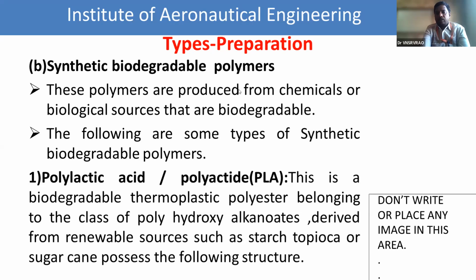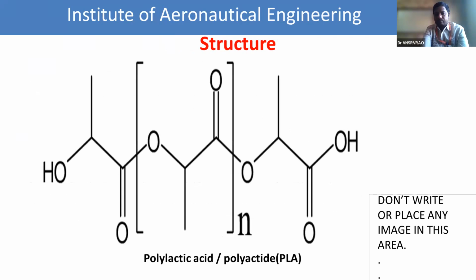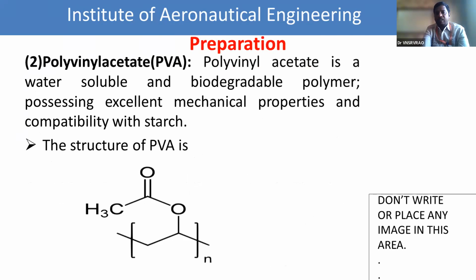Whereas the polymers not obtained from nature, and prepared man-made from chemicals or biological sources, come under the category of synthetic biodegradable polymers. And the following are the two types of the synthetic biodegradable polymers. The first one is polylactic acid, and the second one is polyvinyl acetate.